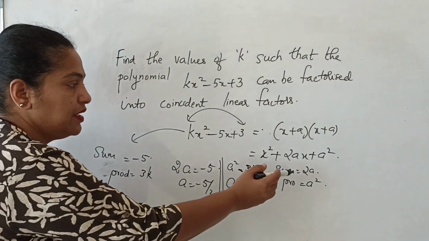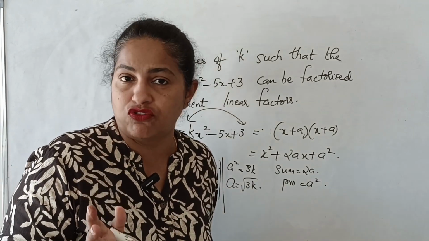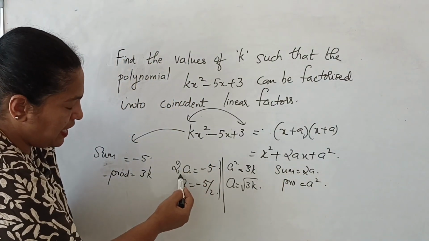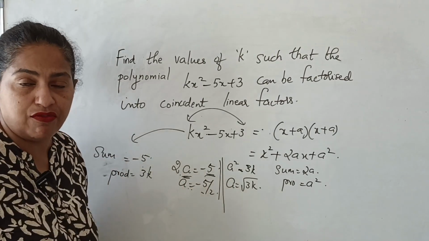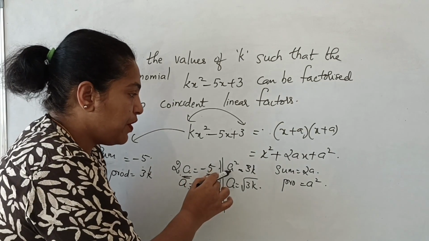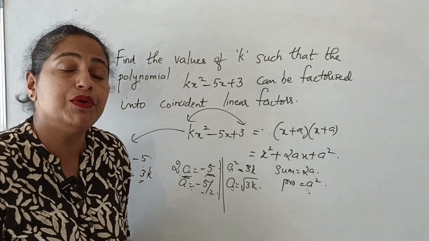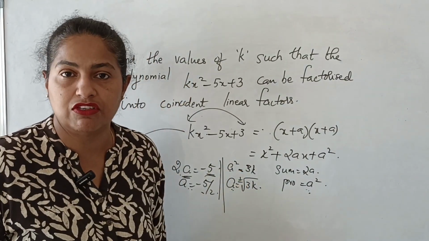Now, since these two polynomials are equal, the sum and the product also have to be equal. Correct? Now here the sum is 2a, which means I can equate 2a is equal to minus 5, or a is equal to minus 5 by 2. Now product is a square here and 3k here. So I will get a is equal to root of 3k. Let me consider the positive and the negative signs.